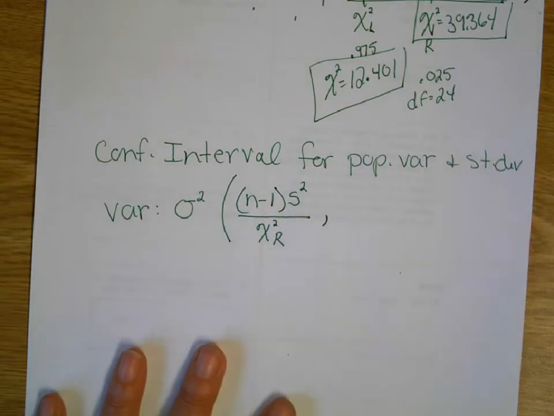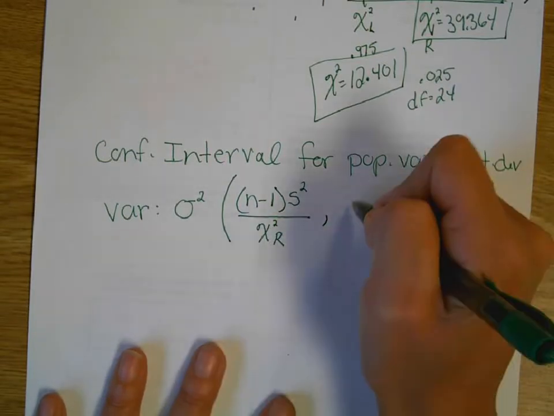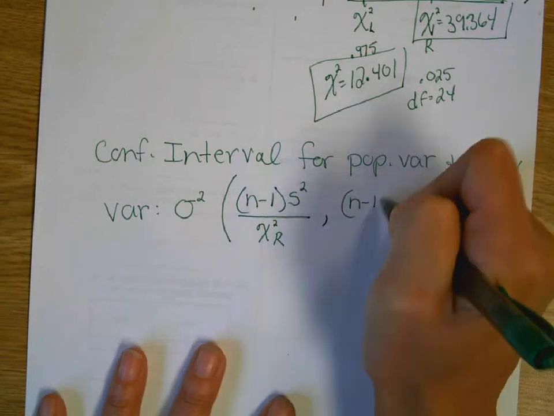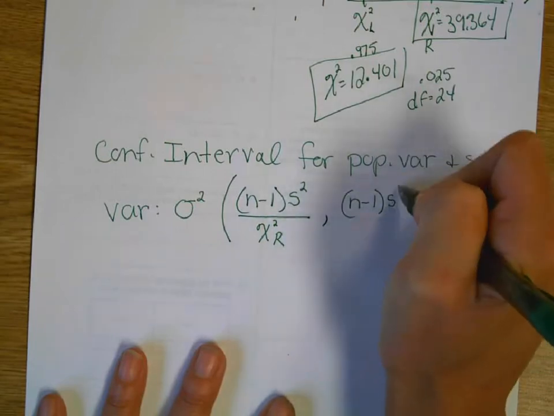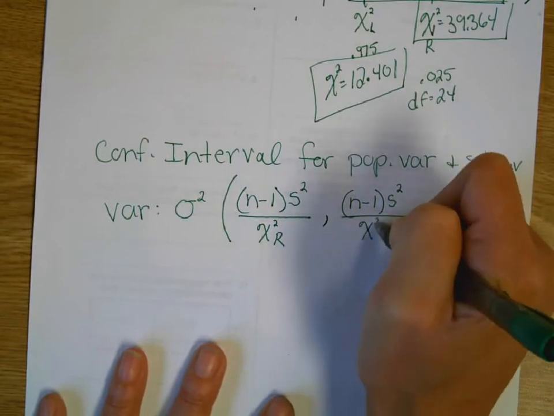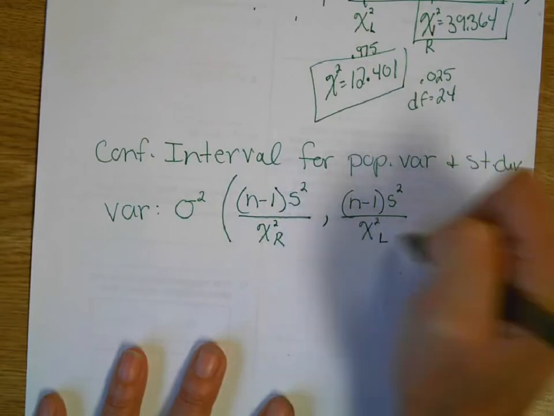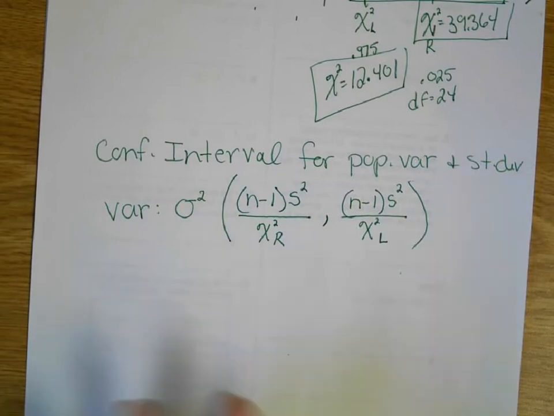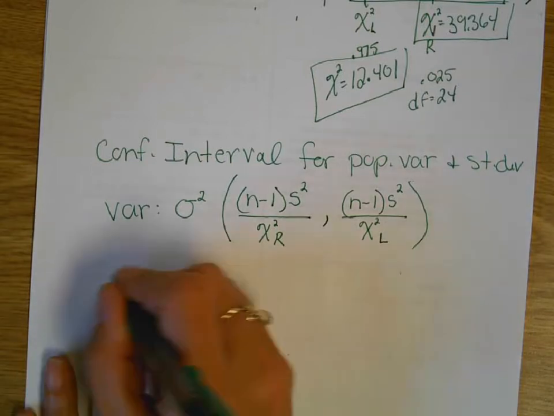The upper end of the interval, the numerator is exactly the same, n minus 1 times s squared, and now you divide by the chi-squared left value. That will give you your confidence interval for variance. Simple plug and chug.